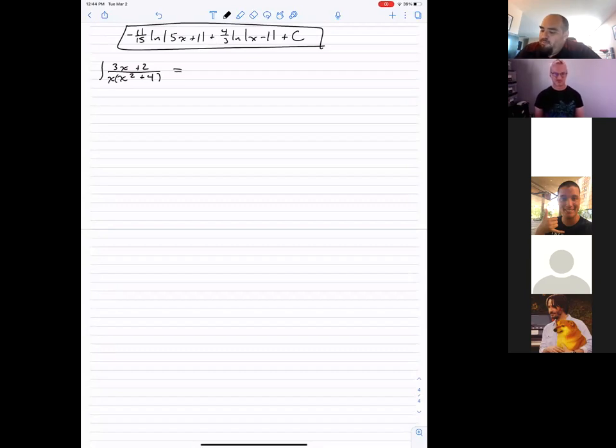Then what would the skeleton of this thing look like? Actually, let's make this more complicated because there are a lot of special cases to think about. What would the partial fraction decomposition look like for this guy?